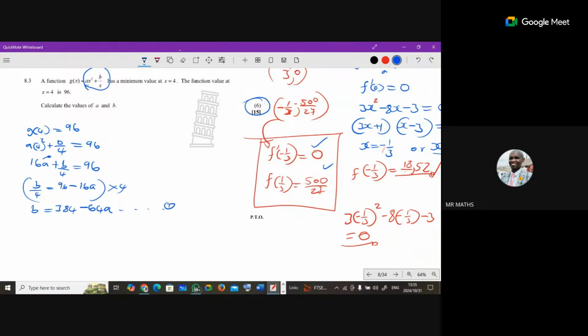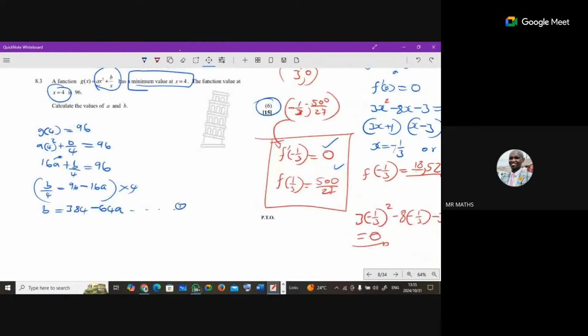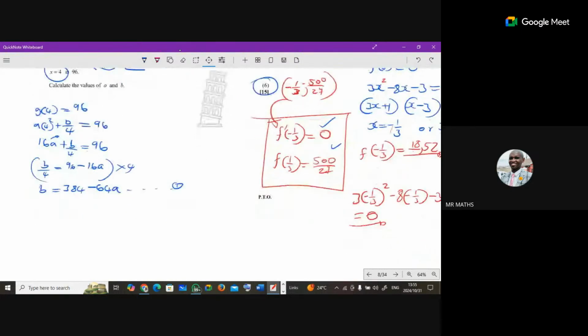What else do you know about x equal to 4? You also know that it is a minimum value, which is found with the derivative. Are we together? Yes, sir. So you also know that g prime of 4 is equal to what?